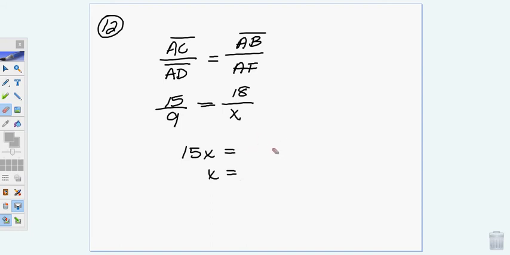It's 162. My apologies. It's actually 162. Okay. So you are still going to get a decimal, and it's going to end up being 10.8.